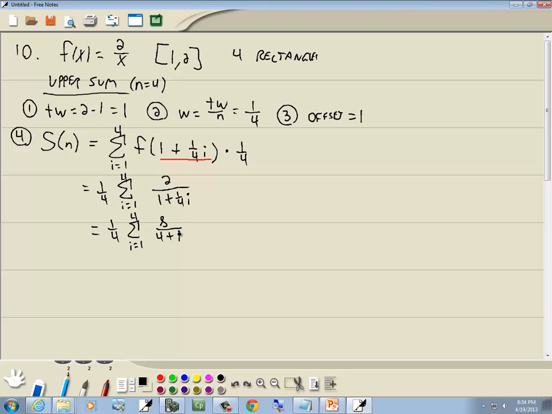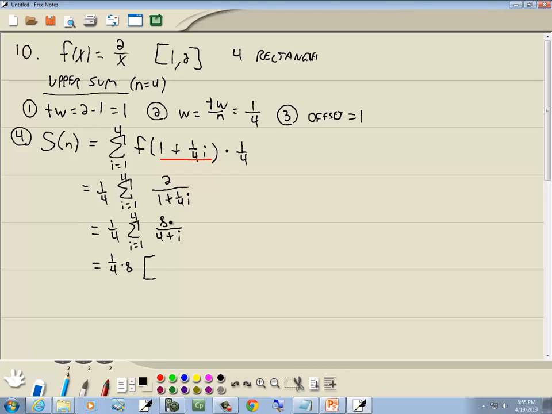Now, we don't have any formula for this. There's no way we can write this in terms of i squared, i to the third, or a constant. So we're going to have to work with it as is. To begin with, I can take this 8 and put it out in front. So we're going to have 1/4 times 8, and now we go from i equals 1 to i equals 4.